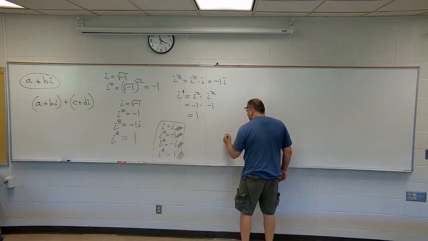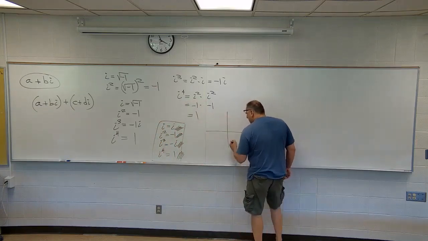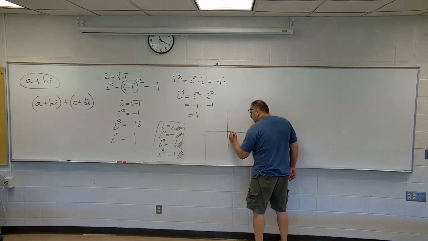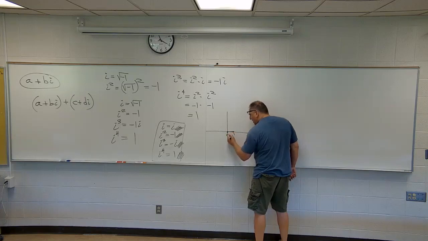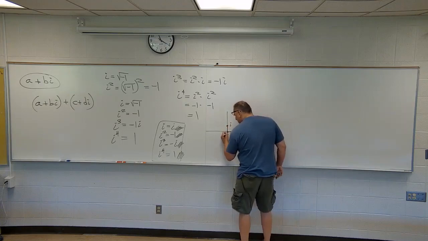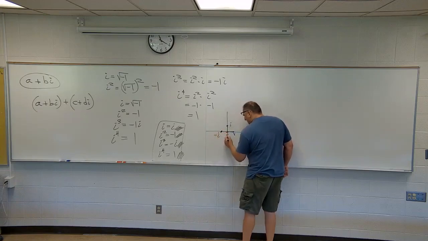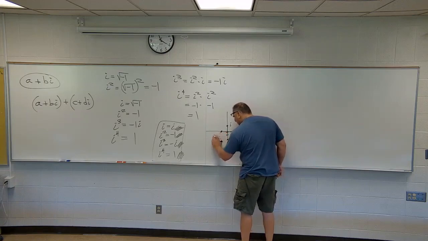What's going on here? Well, let's draw our thing here again. This is 1. This is the length from 0 to 1. Right here, length 1. From here, this is 0 to I. This right here, forgive me, not true.